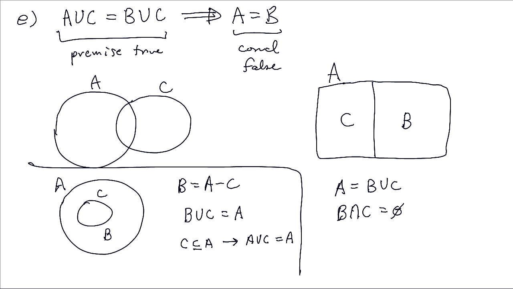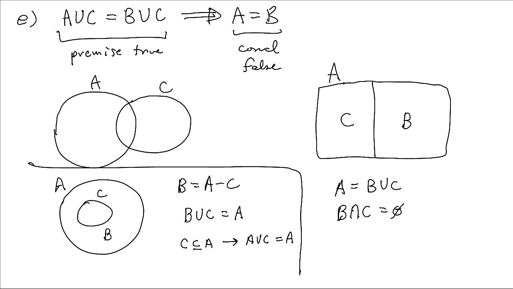Both of these, where I made C a subset of A and made it so that B union C was equal to A, where I really started off with B being A minus C, are the same thing as over here, except here, instead of drawing C as a little thing in the middle, I just drew C over to the side and made B be the rest of it.